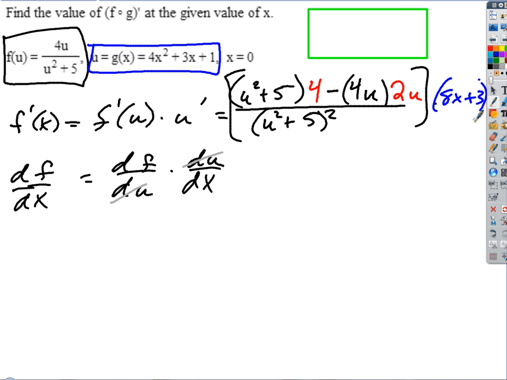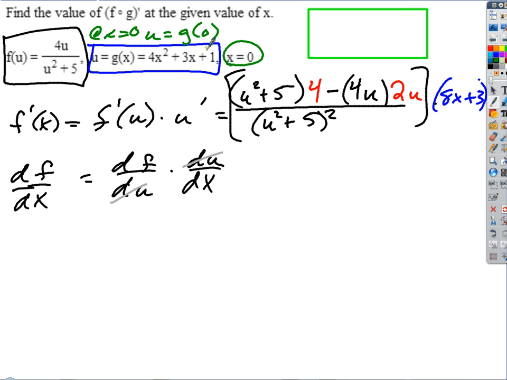Now this looks pretty bad, but what's nice about this, we've been bailed out by this problem because all they're asking us for, look at this, they just want to know the value when x equals 0. So that's really no big deal. If we want to find the value of the derivative when x equals 0, well, at 0, u just equals g of 0, doesn't it?